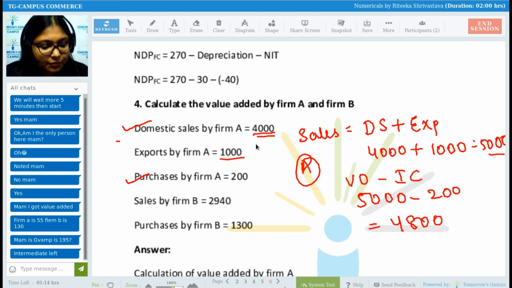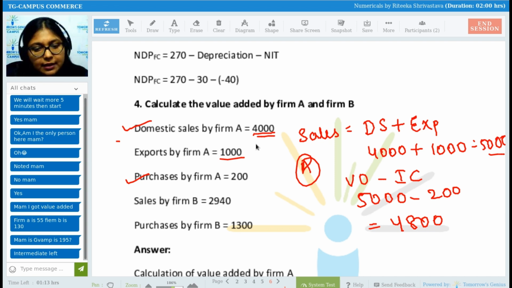Now, same way for B, find out. They directly give sales.